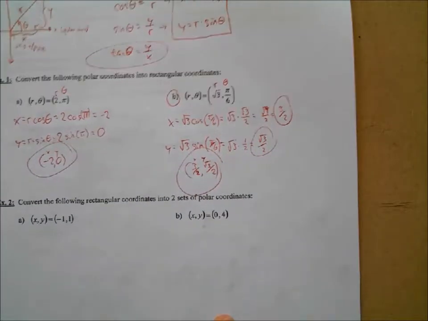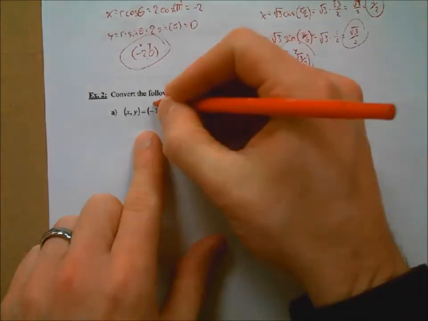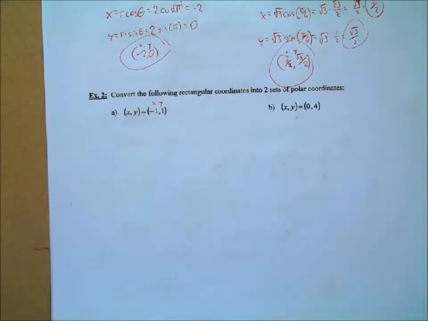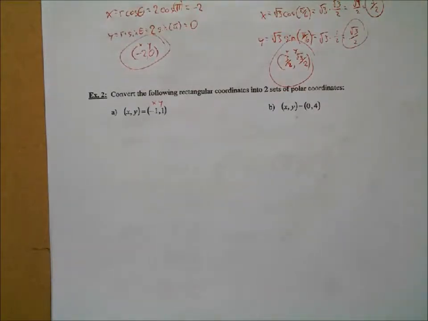Same idea here. I'm going to put an x and a y above this, understanding we're going left, right, up, and down, and we want to convert that into turn and then extend, okay?